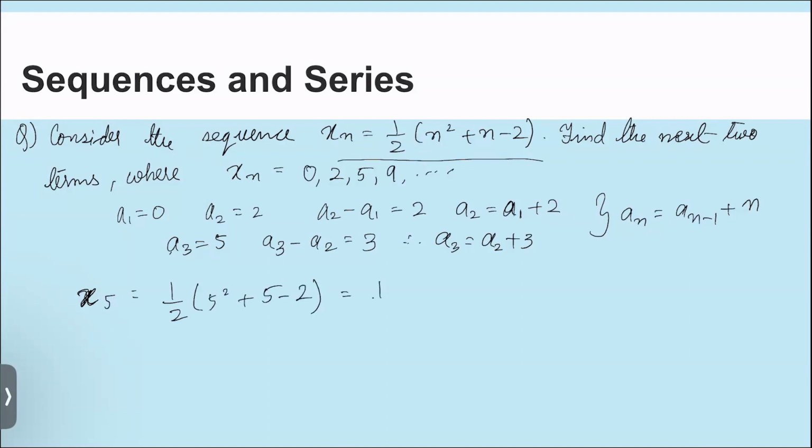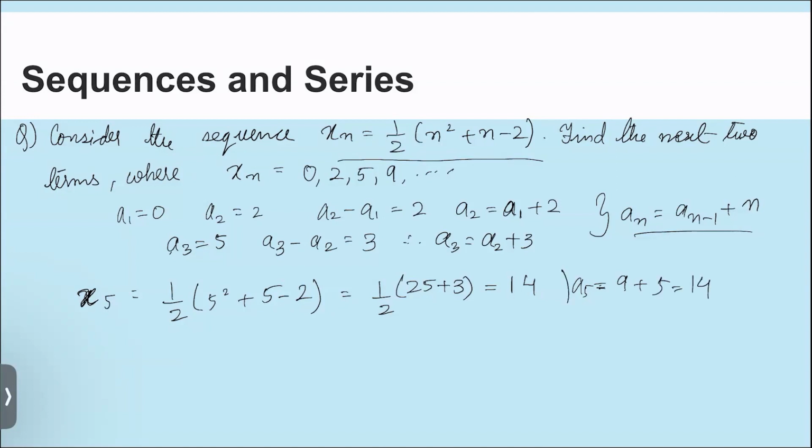So that is half multiplied by 25 plus 3, that is 28, so 28 by 2. Your term is going to be 14. If you want to cross check, your A5 would be A4, that is 9, plus N, and N is 5 over here. That too is 14.